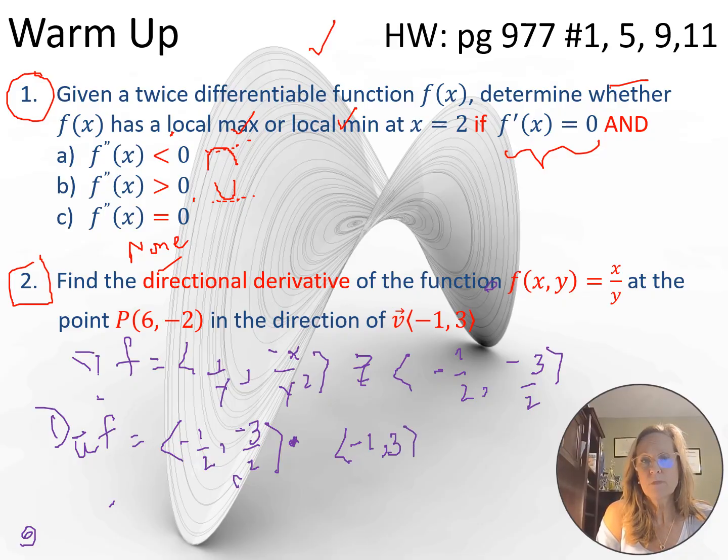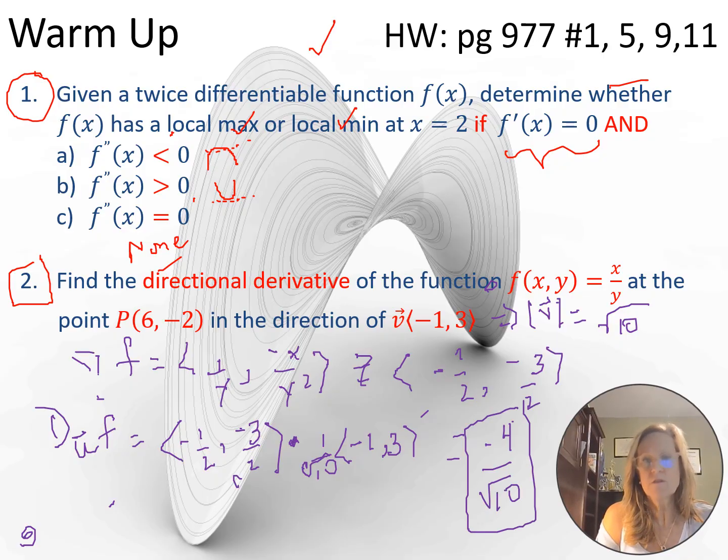But up here, I need to find the magnitude of that vector, which is just the square root of -1 squared plus 3 squared, so the square root of 10. And I suggest that we keep that out here. So I do that dot product, and I ended up with -4 over root 10, which means at the point on the surface where, so that means at f of (6, -2), whoops, I should have said (6, -2), which equals what?